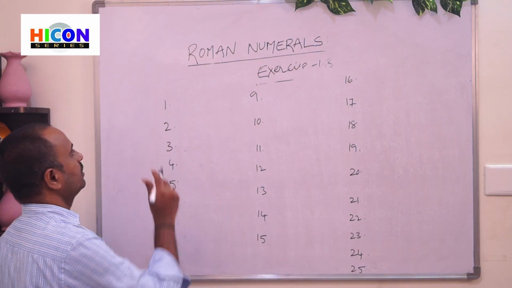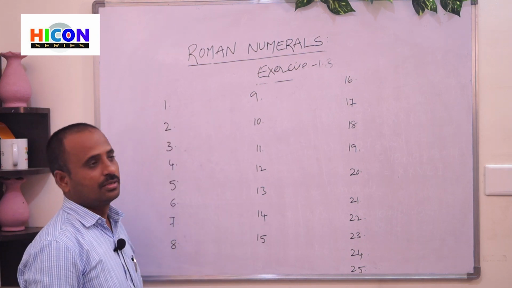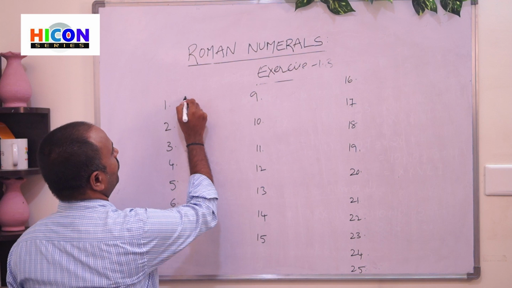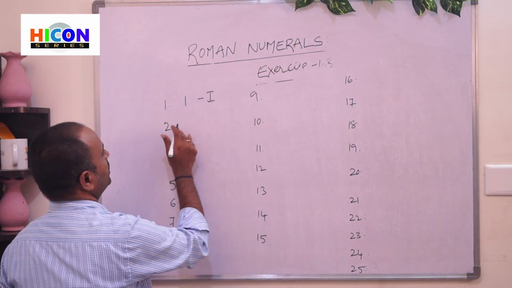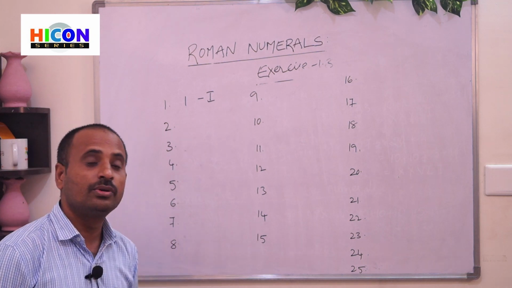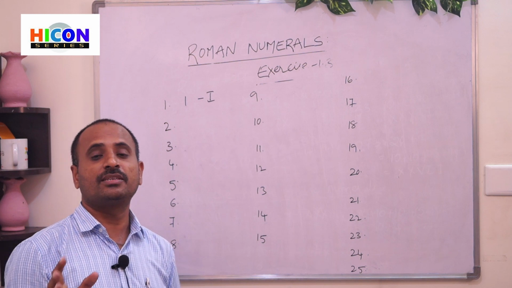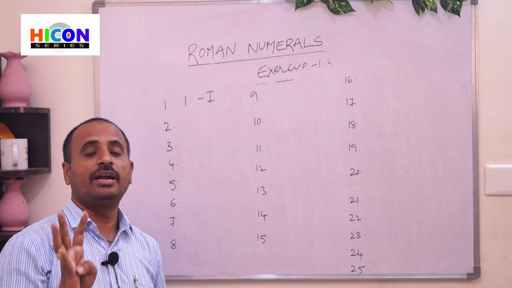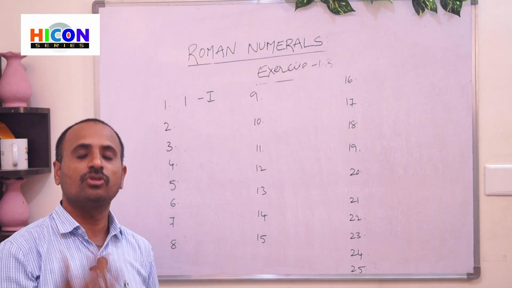Let us see, the first one is 1. So 1 represents I. So children, there is no 2 in the Roman system. Already we have discussed that in the Roman system, the symbols are 1, 5, 10, 50, 100, 500, 1000.